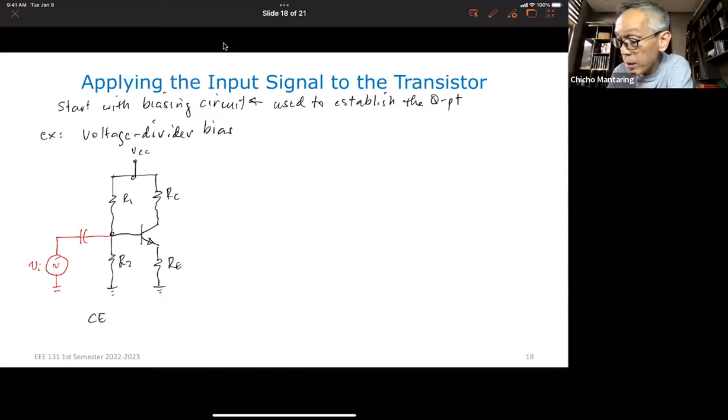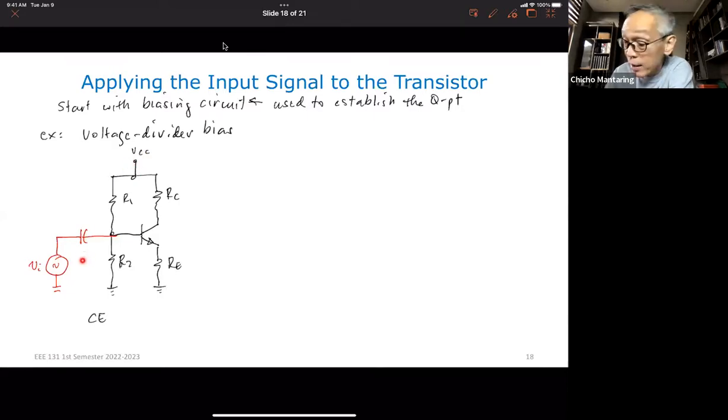I apply that through a capacitor because I want this to isolate my input from my DC source. This is equivalent to an open circuit for DC. So whatever DC voltage comes from VCC, it will not affect this source, because this will be an open circuit for DC, and therefore my bias point will only be established by VCC.